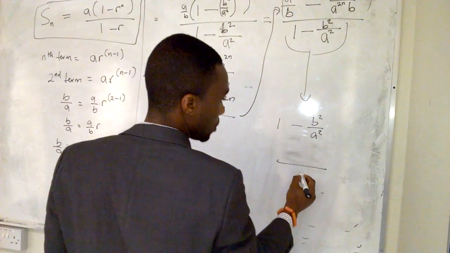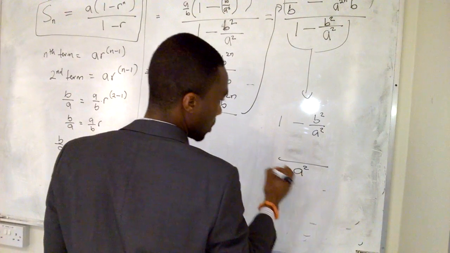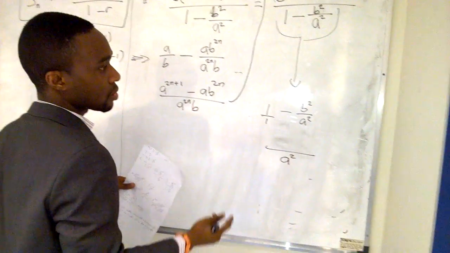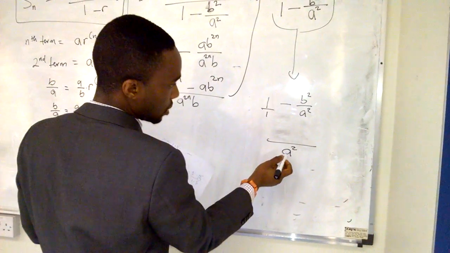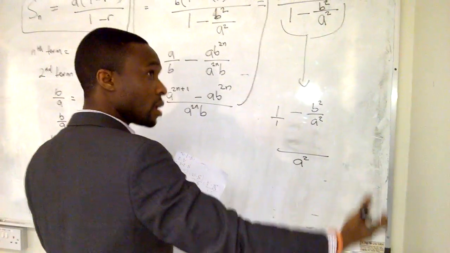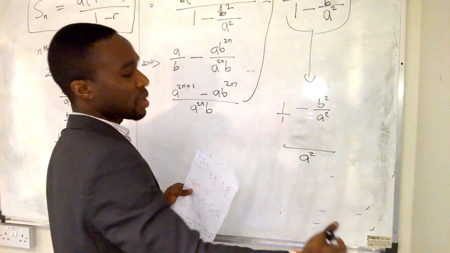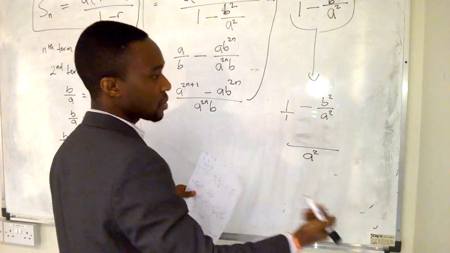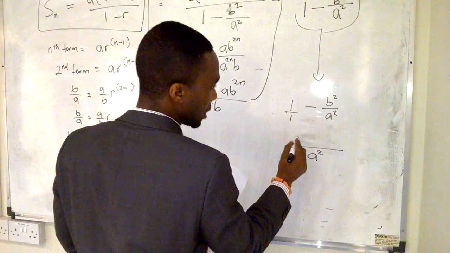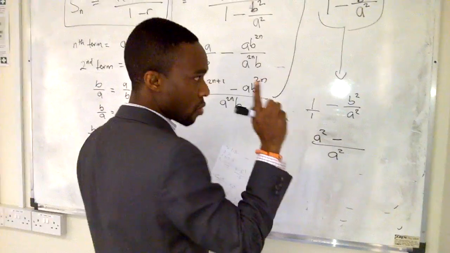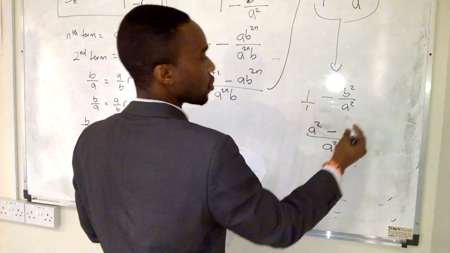The common denominator will be a squared. Don't forget this one has 1 over 1, so 1 in any number is the times of that number. I don't know how to explain that. So 1 in 10 is 10, 1 in a squared is a squared. So a squared times 1 is a squared, then minus a squared in a squared once, 1 times b squared.